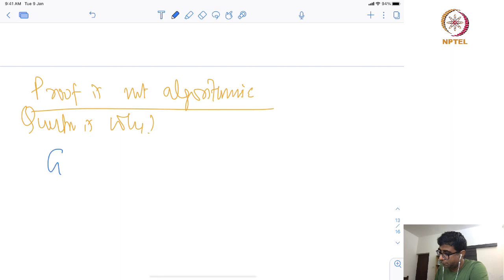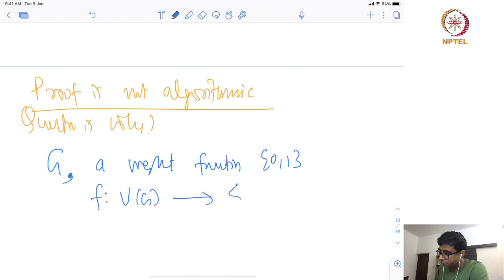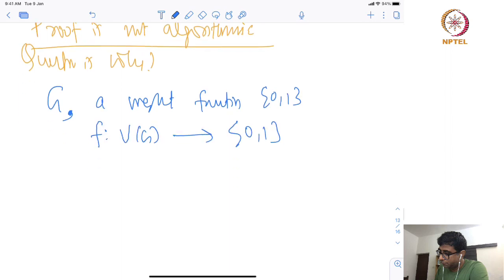So you are given a graph G and a 0, 1 weight function from the vertex set of G to 0, 1. What do we want as output?